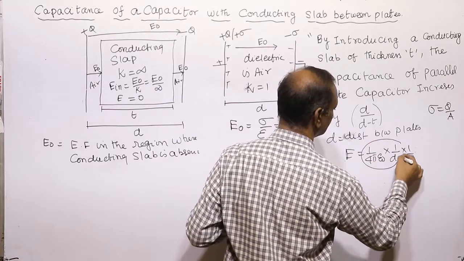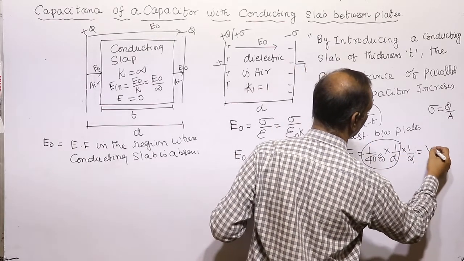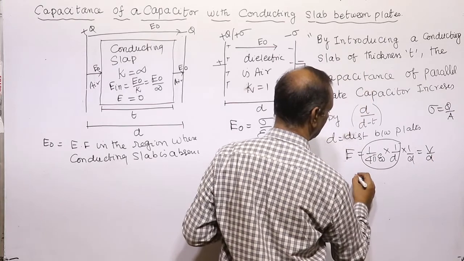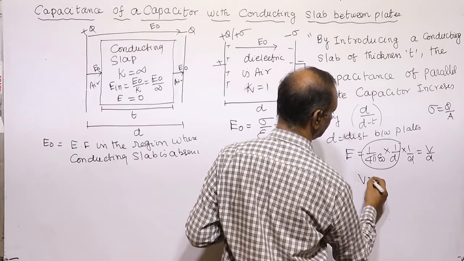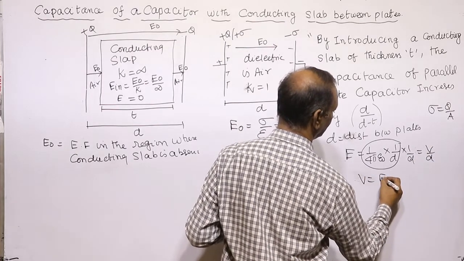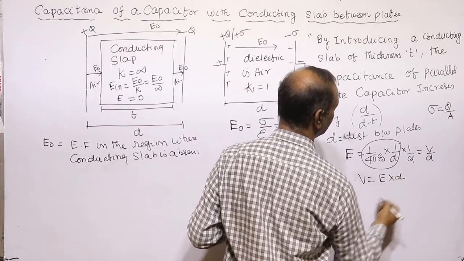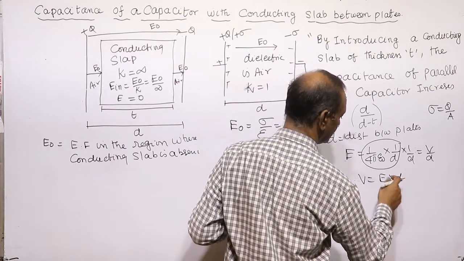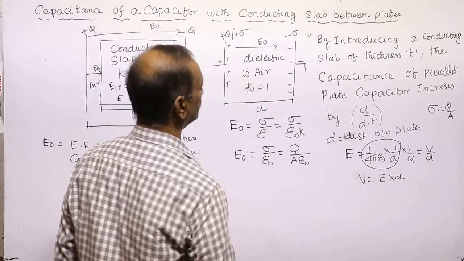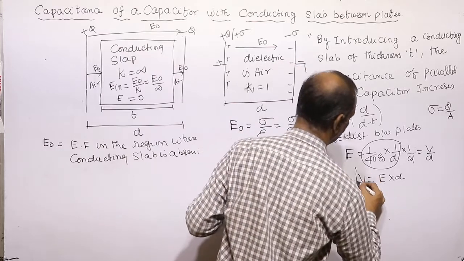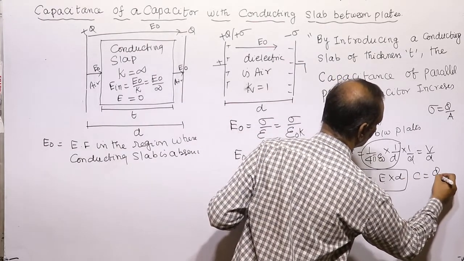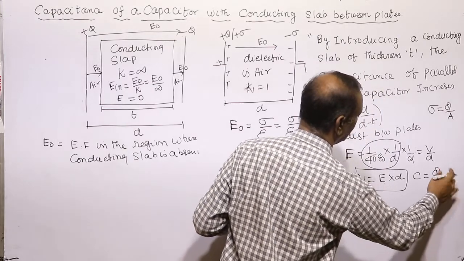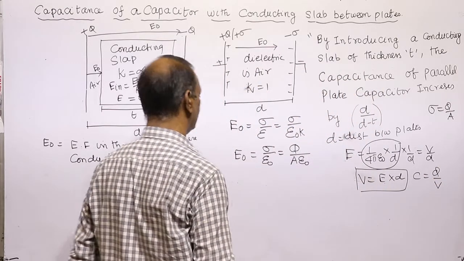This entire thing is V by d, or we can write potential is equal to electric field into the thickness up to which this electric field exists. This is a very important relation, because we know capacitance is equal to Q by V. So if we know Q and V, we can calculate the capacitance.